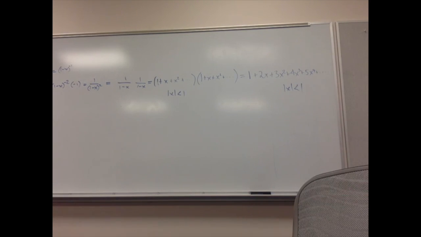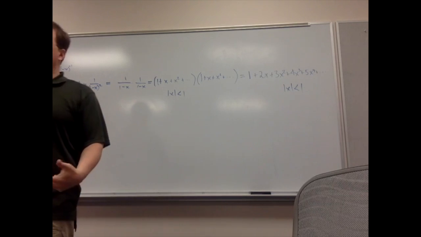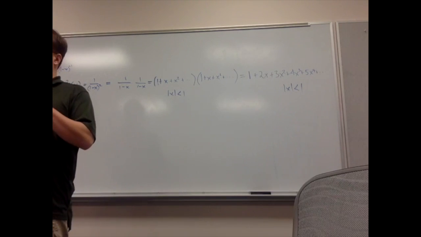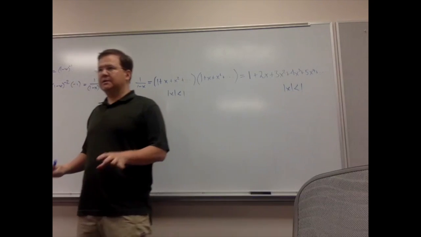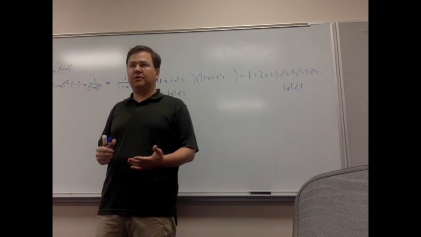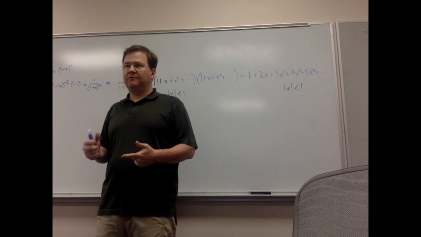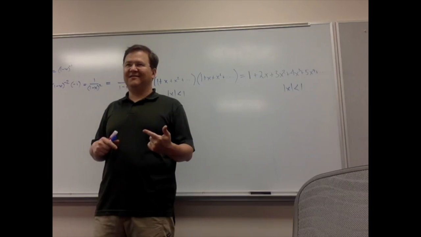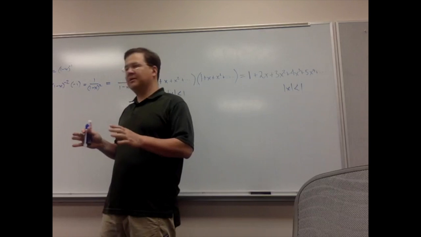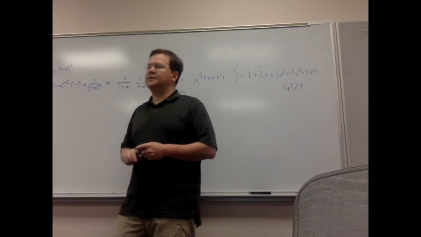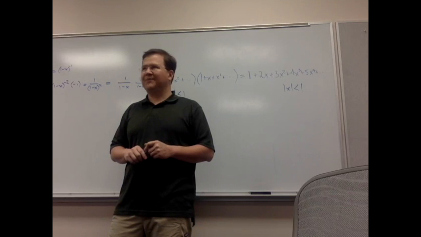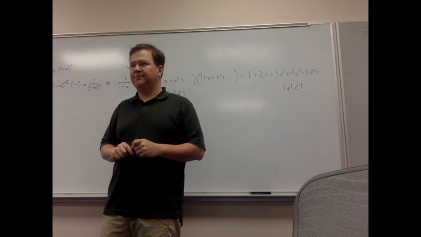We all knew we could differentiate polynomials, but it's quite a different thing when you're going out to infinity. And we're only looking at scenarios where you can do that. There are power series for which you can't differentiate. That's why we need to talk about absolute convergence.